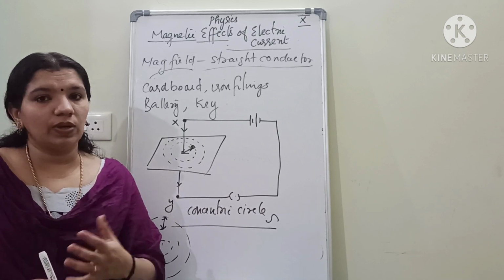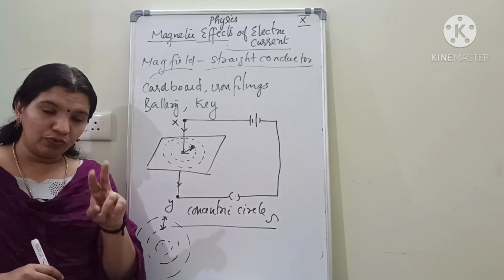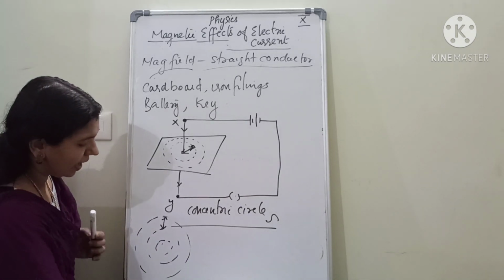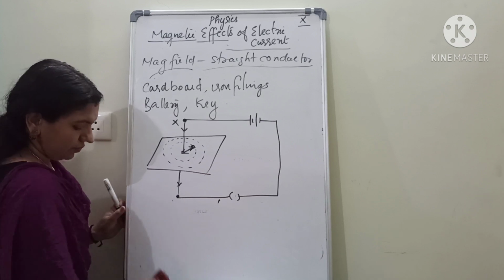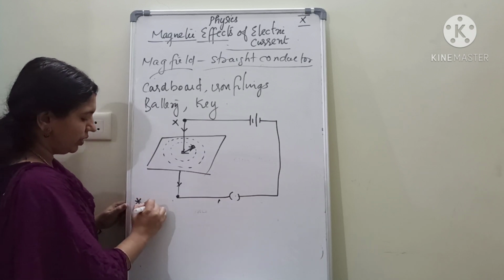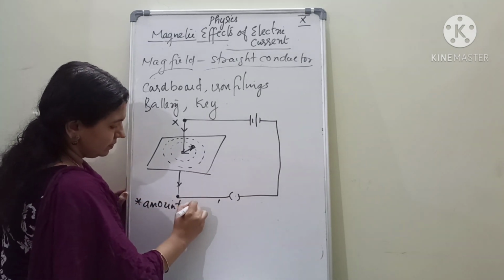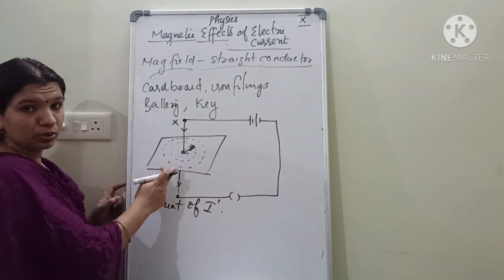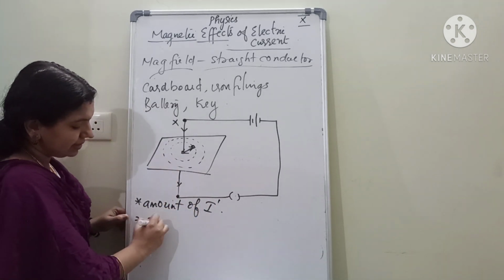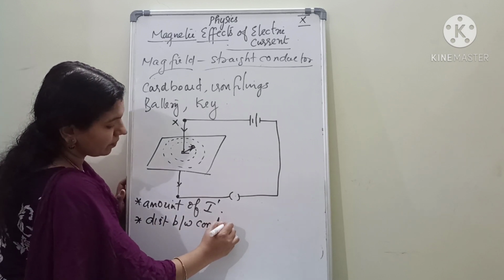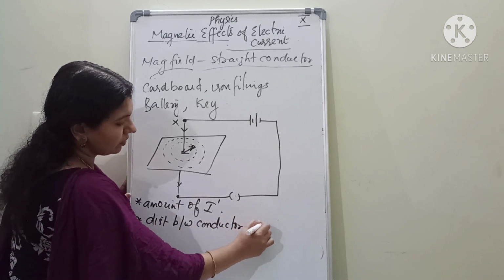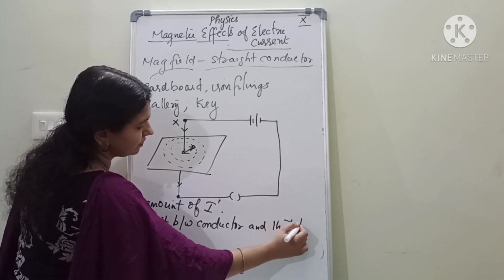The field gets weaker. Understand? So which are the two factors? First one is the amount of current passing through the conductor, and second is the distance between the conductor and that point.